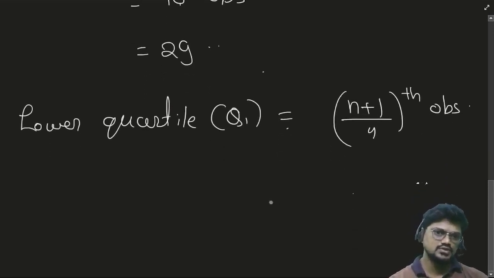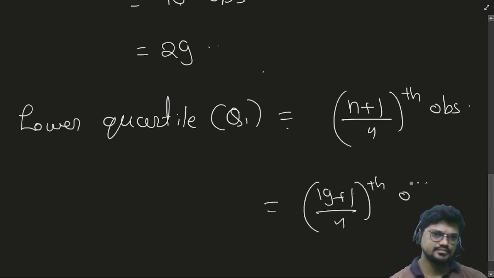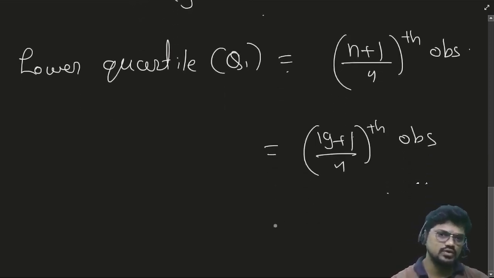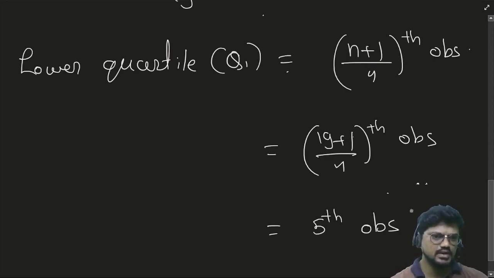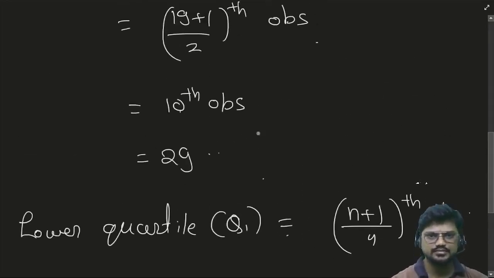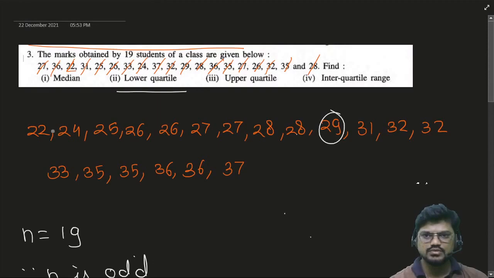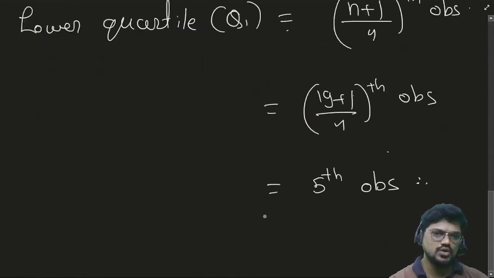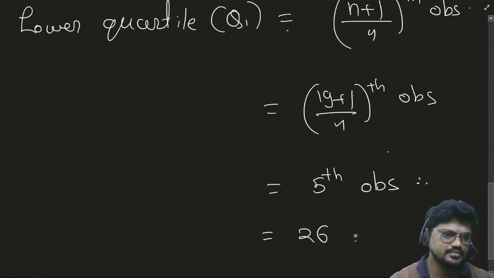So n is 19, (19 plus 1) by 4th observation. That is 20 by 4, which is the 5th observation. The 5th observation is 1, 2, 3, 4, 5, that is 26. So your lower quartile is 26. Clear? That is the 5th observation.